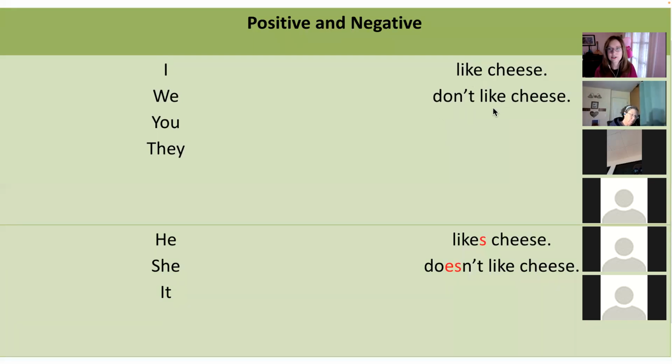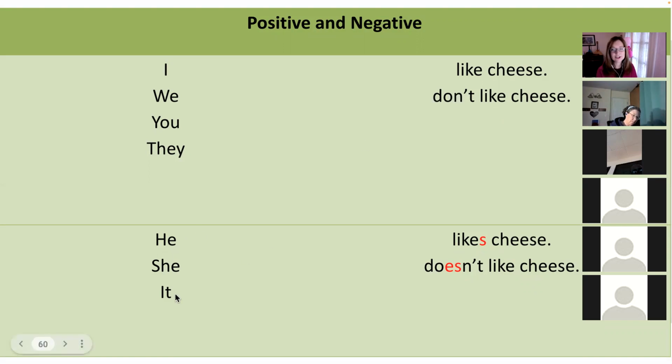I don't like cheese. Now, the students will sometimes make the mistake of just saying not. I not like cheese. But it's important we use this auxiliary verb do when we're forming questions or negatives in the simple present tense. So we have to say do not or don't for the negative.